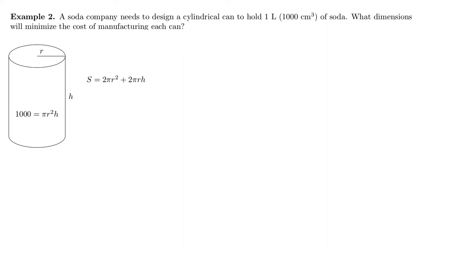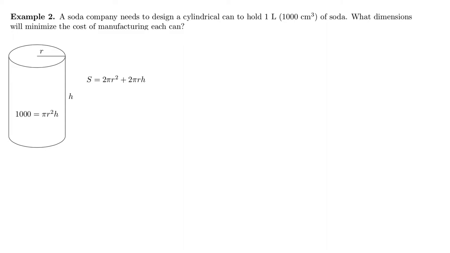Okay, so here's another example of a typical optimization problem. I'll give you a minute to read it. As you can see, this is a pretty practical problem. I'm sure you've seen different can designs for beverages.